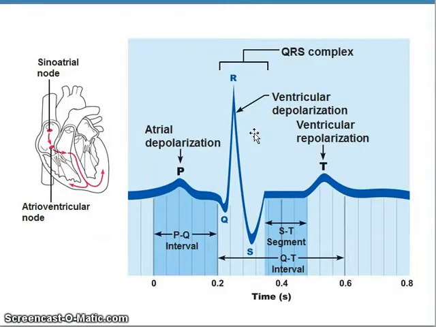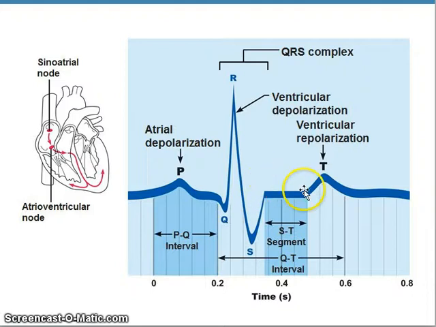So just looking at the ECG, the first deflection wave that you see is the P wave. This is caused by atrial depolarization. When the ventricles depolarize, you get the QRS complex. At the same time as the QRS complex, you will get repolarization of the atria. However, that is not represented by the QRS complex.